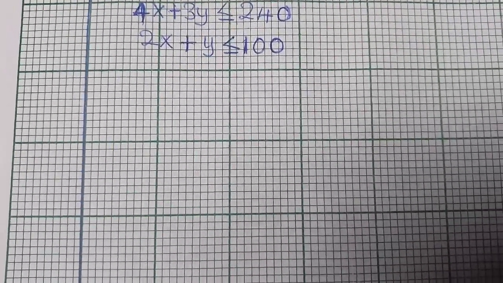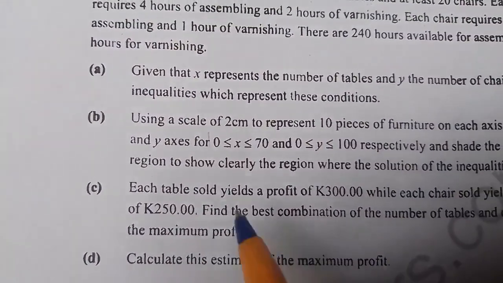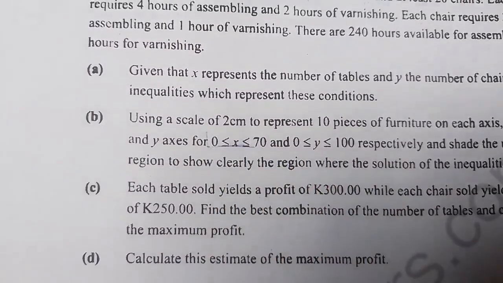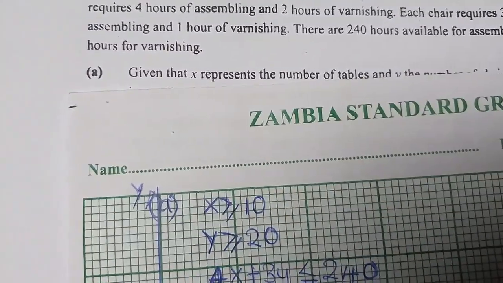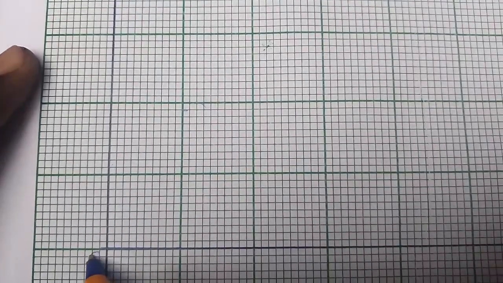You are told that x should be from 0 to 70. Y should be 0 to 100. So after doing this, you just start from here. Here you know that there is a 0.